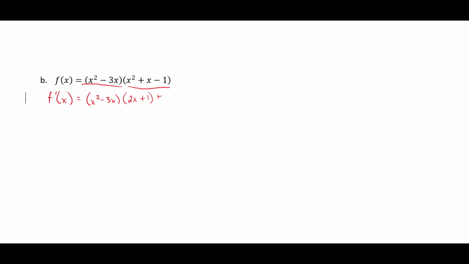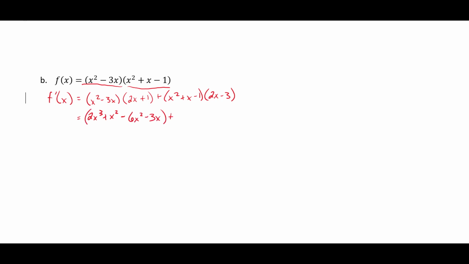Plus now the second function stays the same, so x squared plus x minus 1 times the derivative of the first, so times 2x minus 3. So let's simplify this now. So multiplying out x squared minus 3x times 2x plus 1, you get 2x cubed plus x squared minus 6x squared minus 3x.